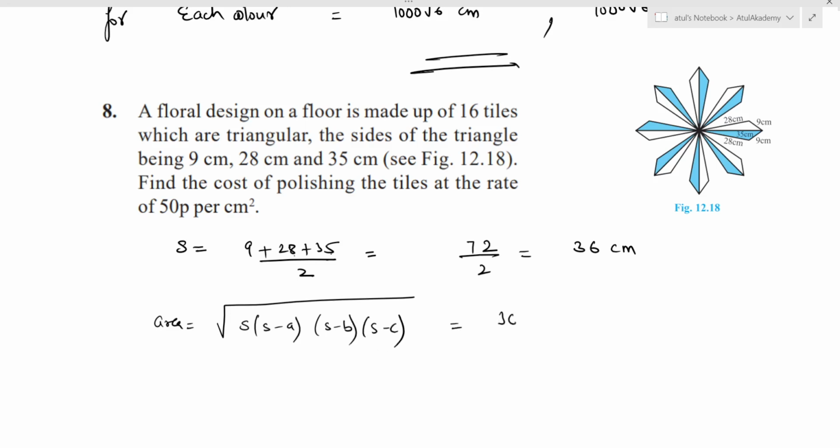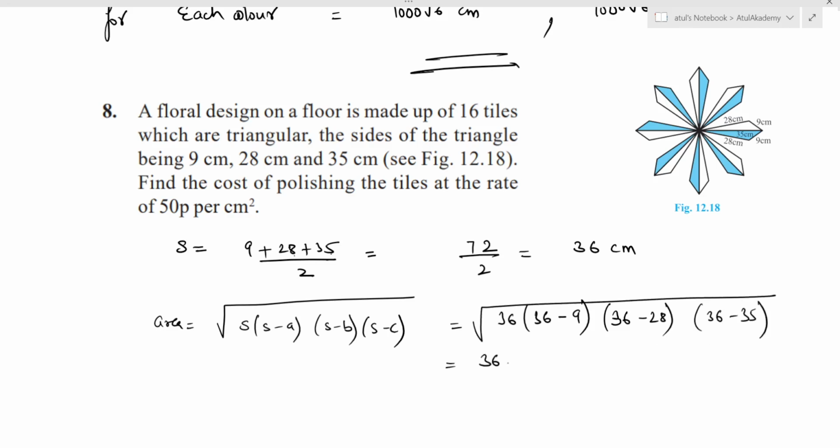So S is 36: 36 minus 9, 36 minus 28, and 36 minus 35. Let's calculate it. 36 minus 9 is how much? 16 minus 9 is 7, that's 27. 36 minus 28 is 8 only, and this is 1. So do I have pairs over here?